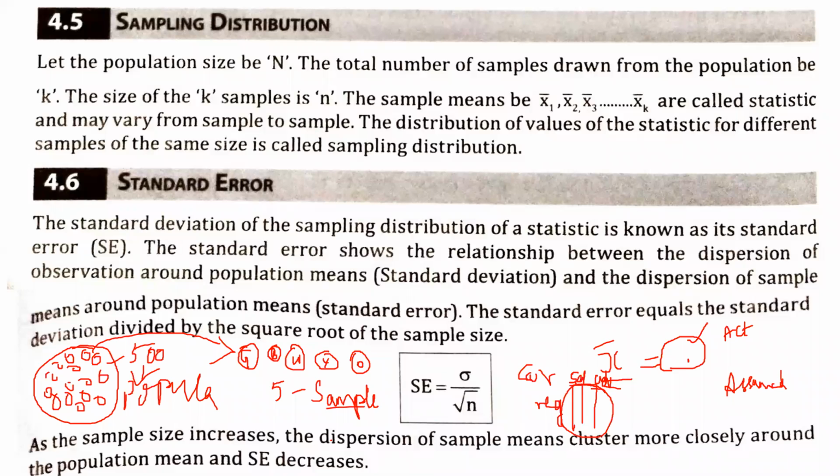Are you all able to follow? Now I have a population which is the bigger number. From that bigger number, I have selected 5 balls from the bag, which is my first sample. For this first sample, I will find out the mean.